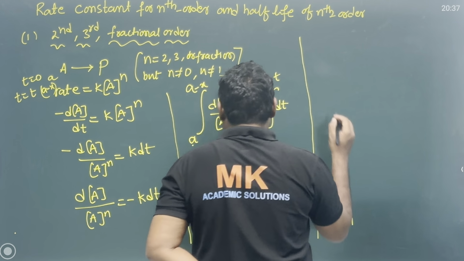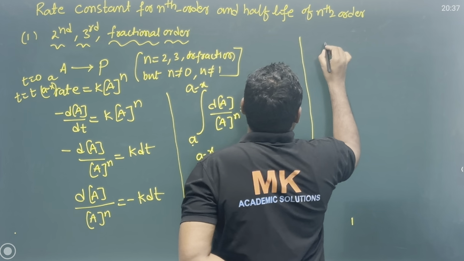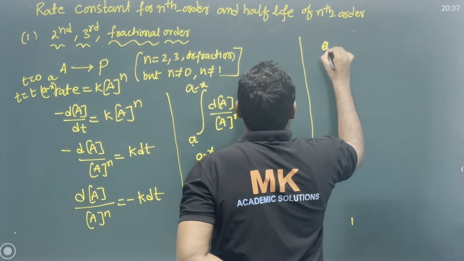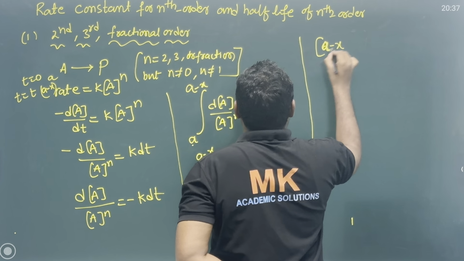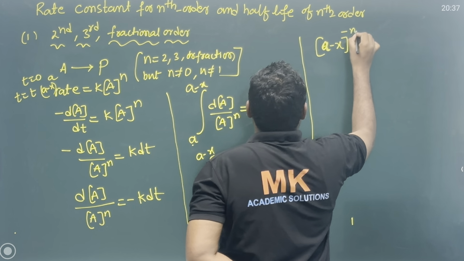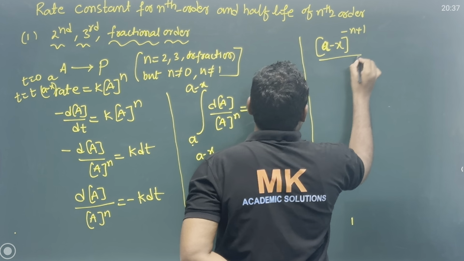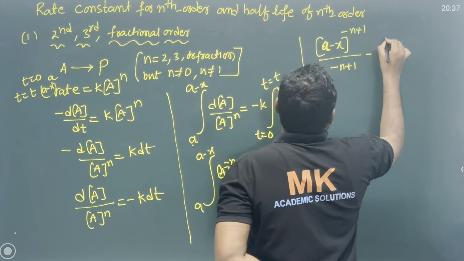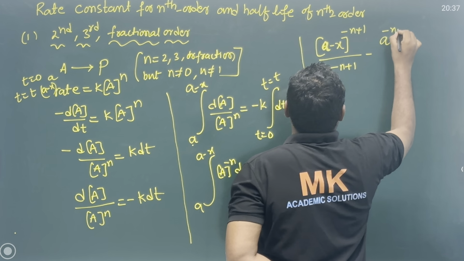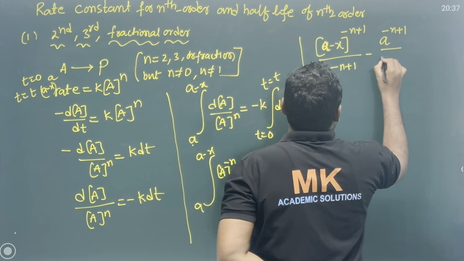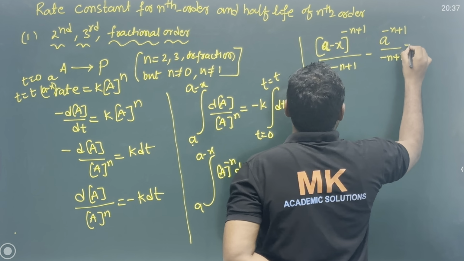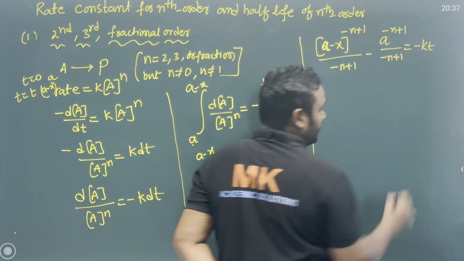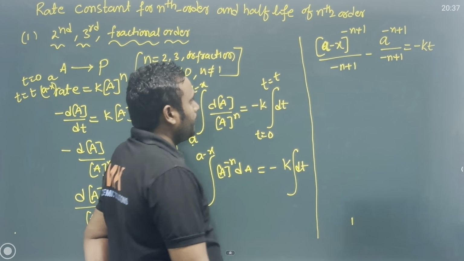So here you will get (a minus x) power minus n plus 1 by minus n plus 1, minus a power minus n plus 1 by minus n plus 1, that is equal to minus kt.